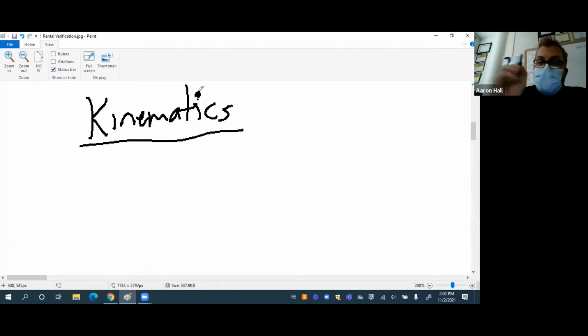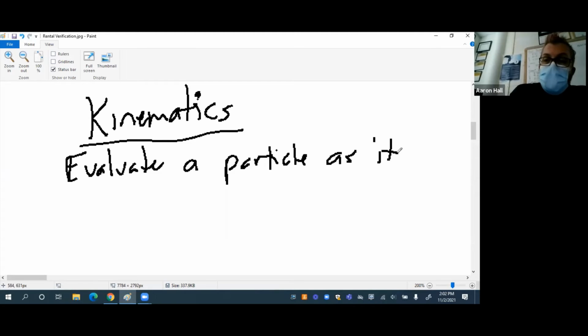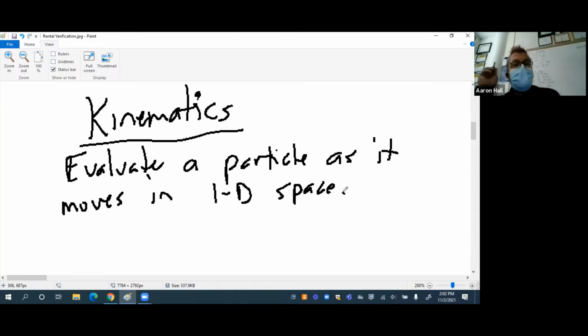So we're going to evaluate a particle as it moves in 1D space. If it's one-dimensional, what options does it have as far as movement?